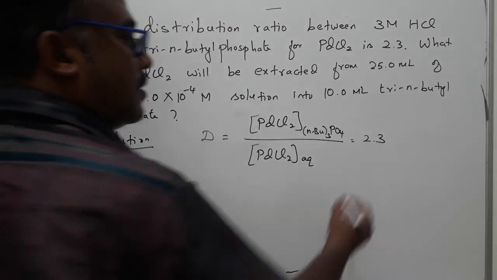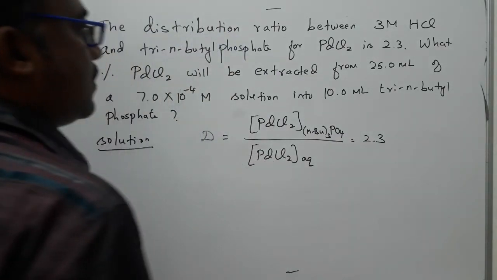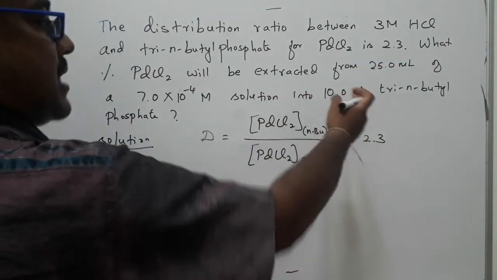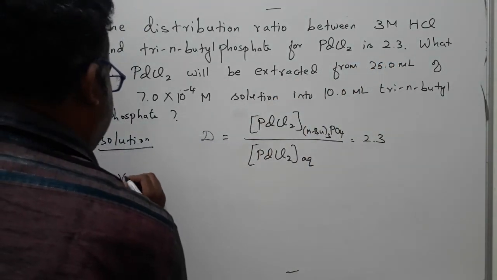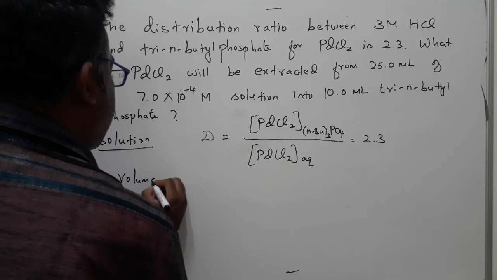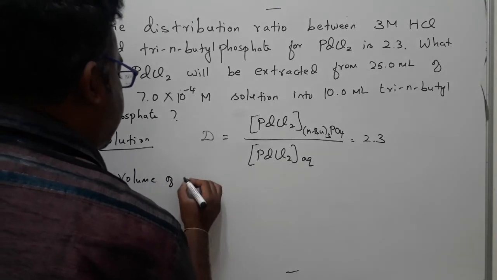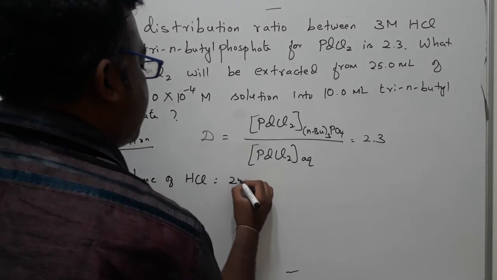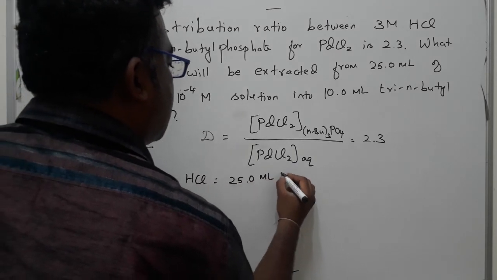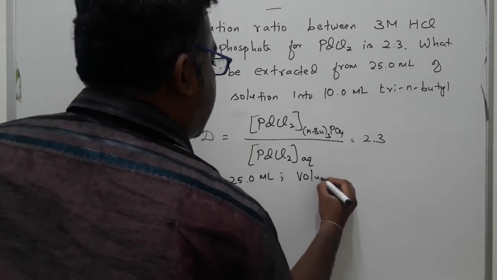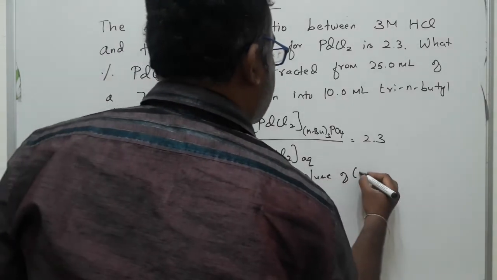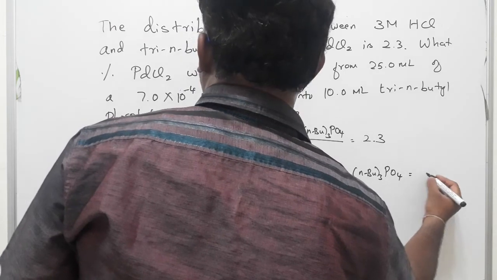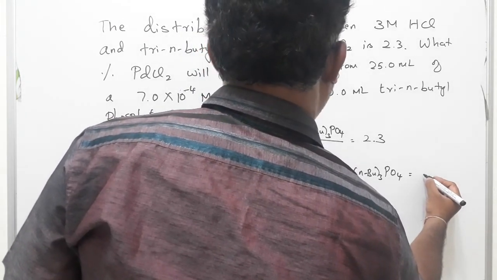Now we know the distribution ratio, and they have also given the volumes. Volume of water, or acidified water, the HCl, is 25 ml. Volume of tri-N-butyl phosphate is 10 ml.